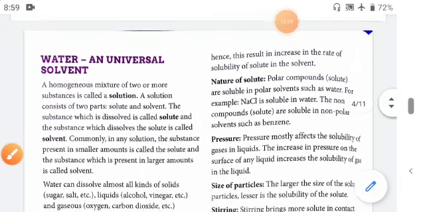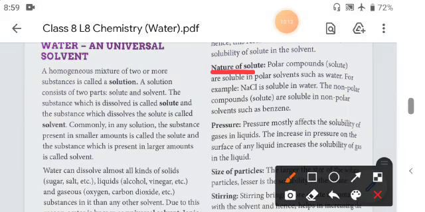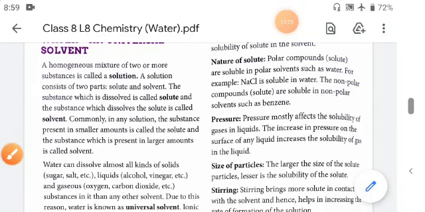Okay, now nature of solute. Nature of solute is also responsible for the solubility. How? Polar compounds, that means polar solutes, are soluble in polar solvents, and the example is sodium chloride is soluble in water.